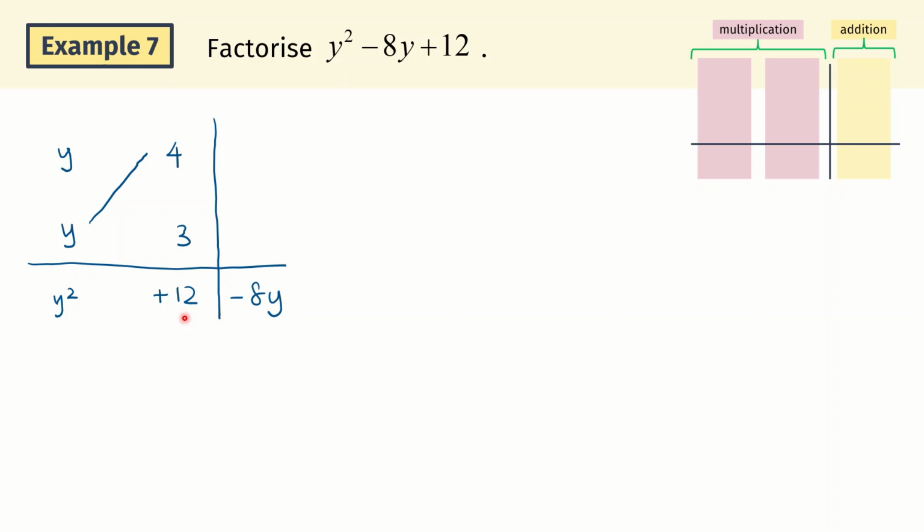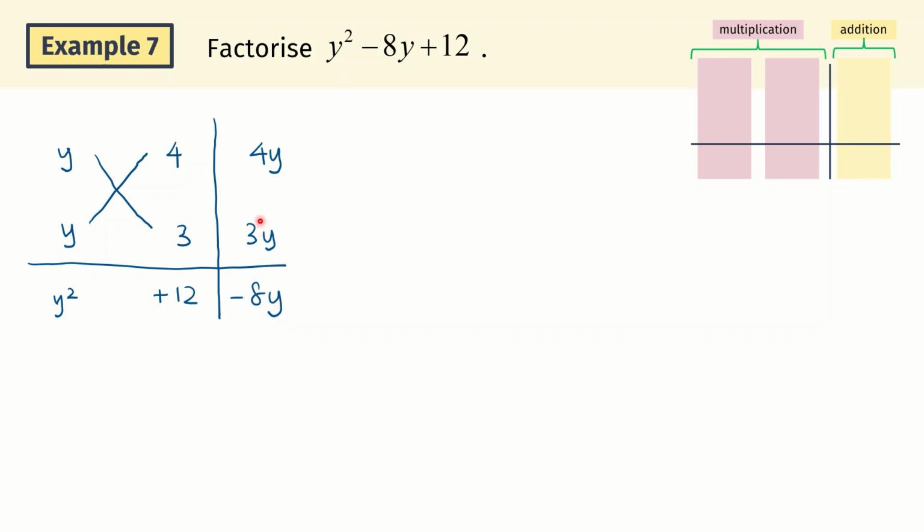So y times 4 will give us 4y, and then y times 3 will give us 3y. But now we look at this column over here. Considering the negative signs that we may possibly have to put in, is it ever possible for 4y and 3y to give us a negative 8y?